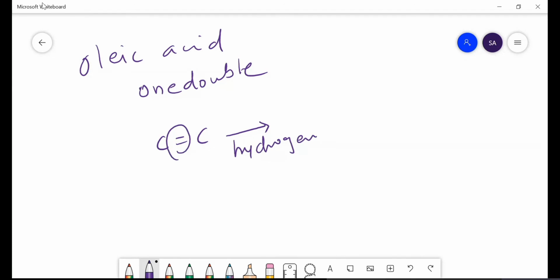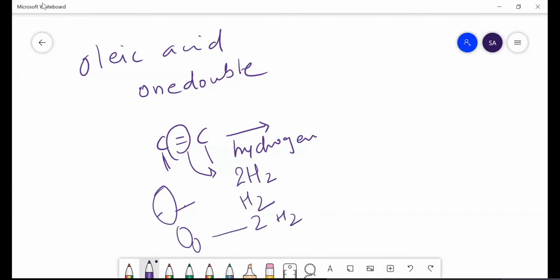If you have one carbon-carbon double bond, you will need one hydrogen molecule, H2. One hydrogen will attach here, one will attach here. If you have two double bonds, you are going to need two H2. So to break one double bond, you need one H2 molecule; for two double bonds, you need two H2 molecules. The more double bonds, the more hydrogen molecules you will need.